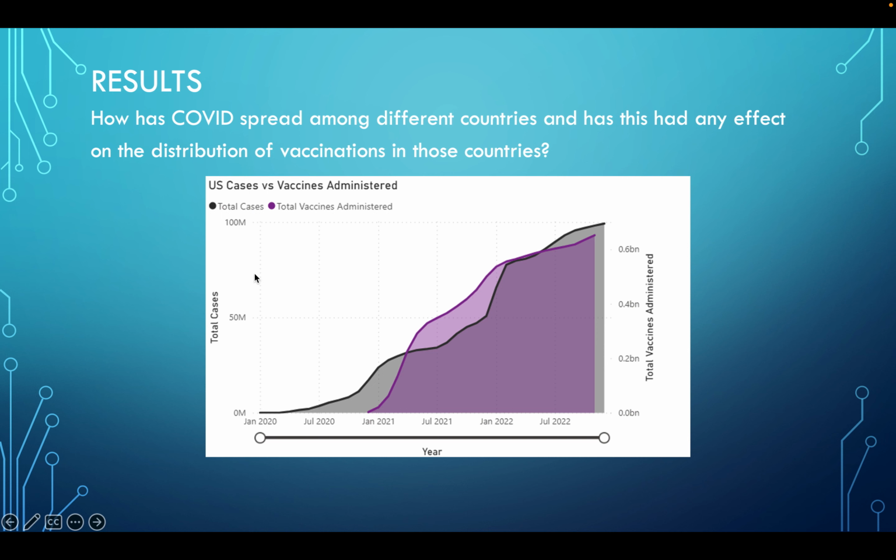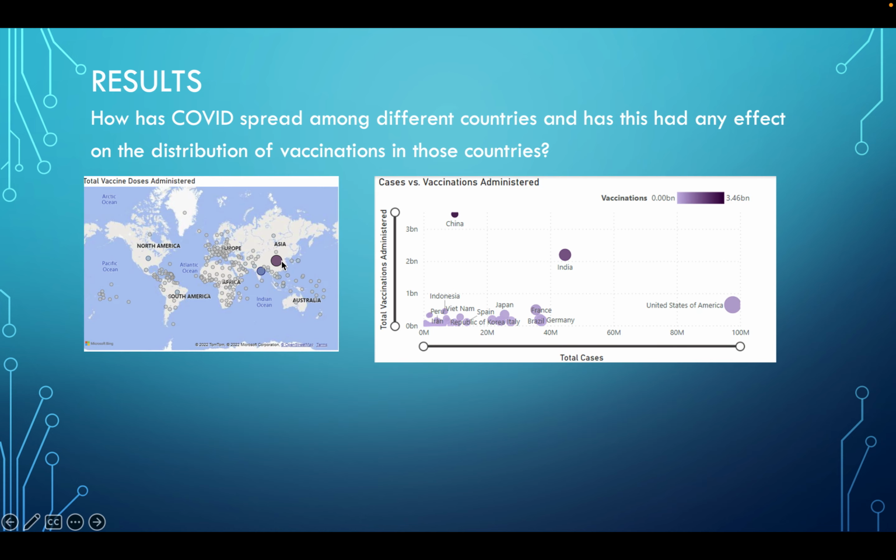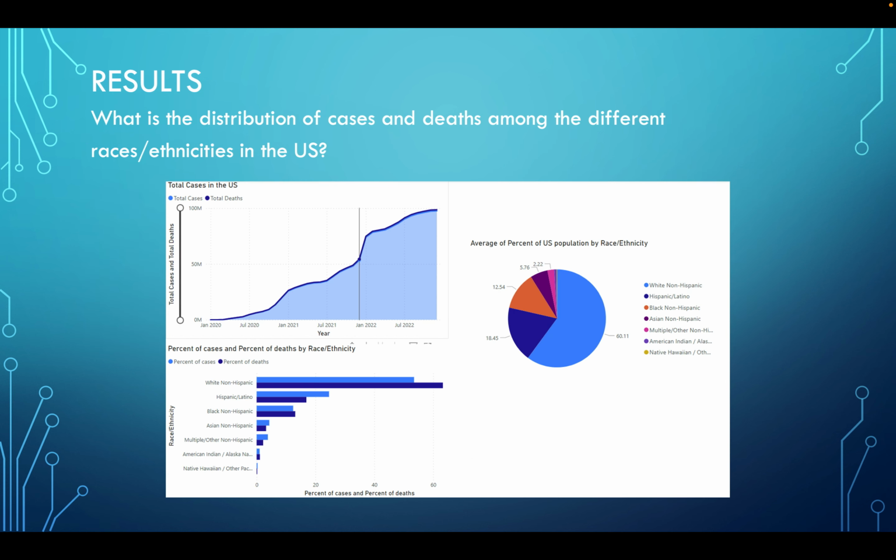Despite the high number of cases, which is almost 100 million, if you look at this axis, the number of vaccines is comparatively higher, reaching a little over 600 million vaccines. So we can see that there is some discrepancy, most likely due to the fact that China and India have a much higher population than North America, and when you take into account things like the number of doses that may have been administered in less series.